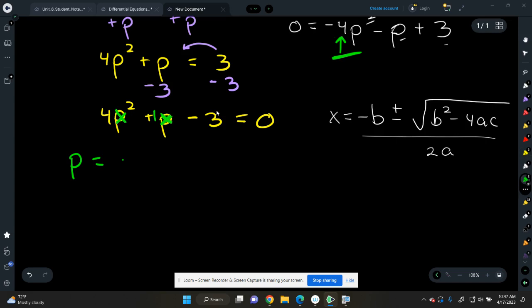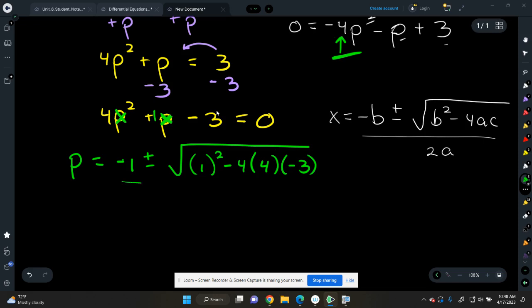So b is 1, so it's negative 1 plus or minus the square root of 1 squared minus 4 times a, which is 4, times c, which is negative 3, all over 2 times 4. Everybody understand where we got those numbers?